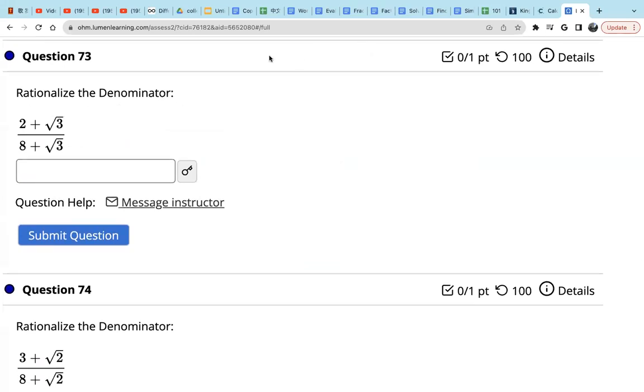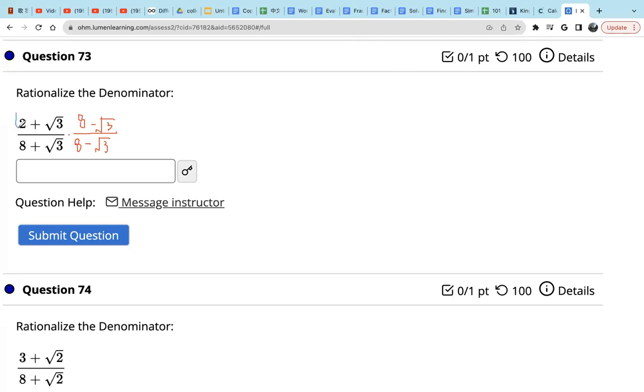Number 73. Similar, we want to rationalize the denominators. We still have a plus b form. We want to multiply by a minus b. So in this case, a minus b is 8 minus radical 3. We do the same for the numerator, 8 minus radical 3. Right.